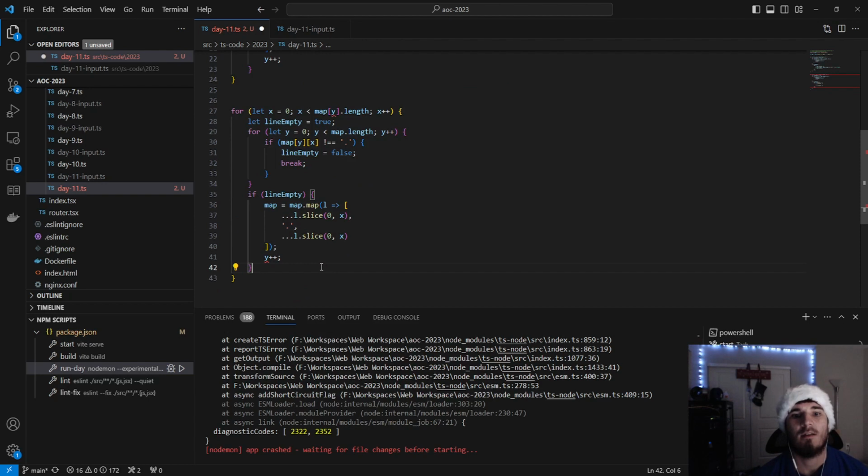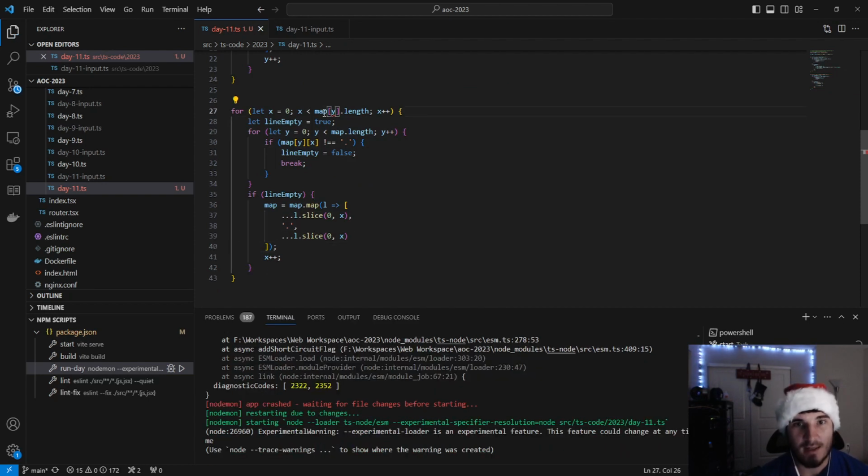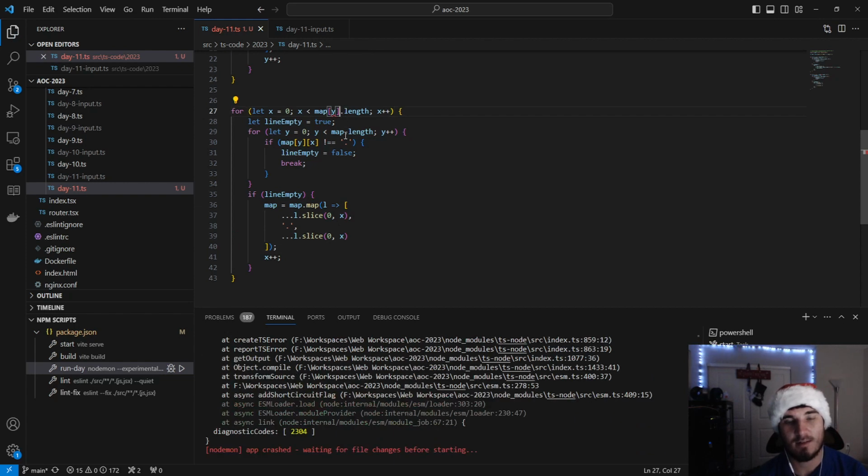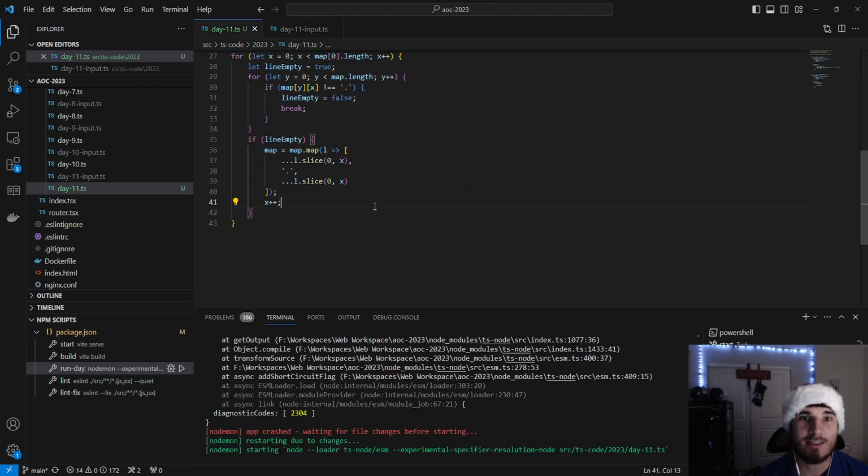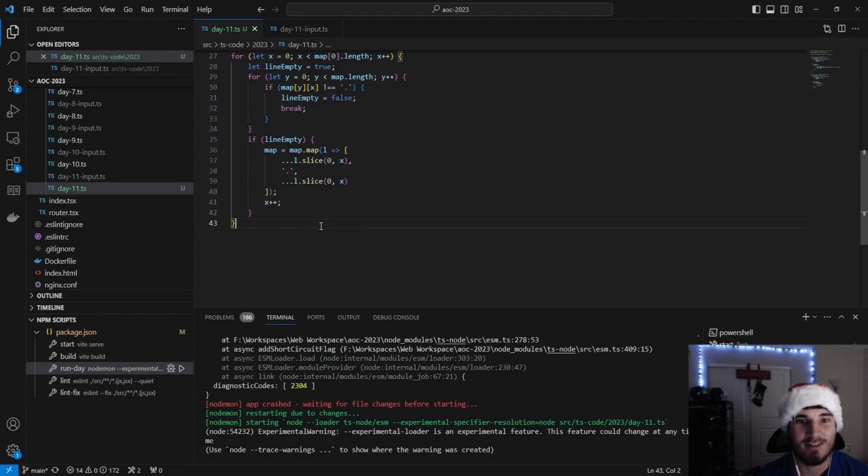There we go. And x plus. Okay, so that should now expand. We can just do 0 for each y. Yeah. Okay, so that should expand the whole thing.